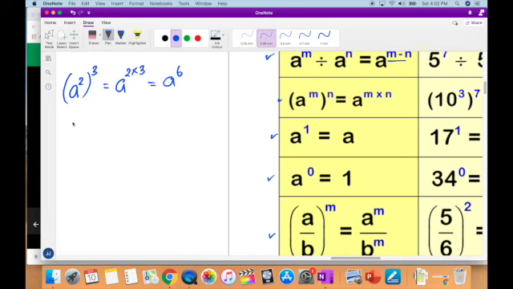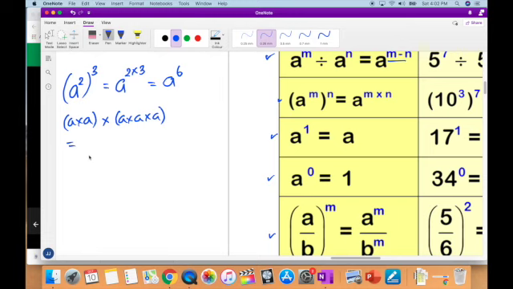I wrote out a squared in brackets, and then I put multiplied by different brackets again, a squared.